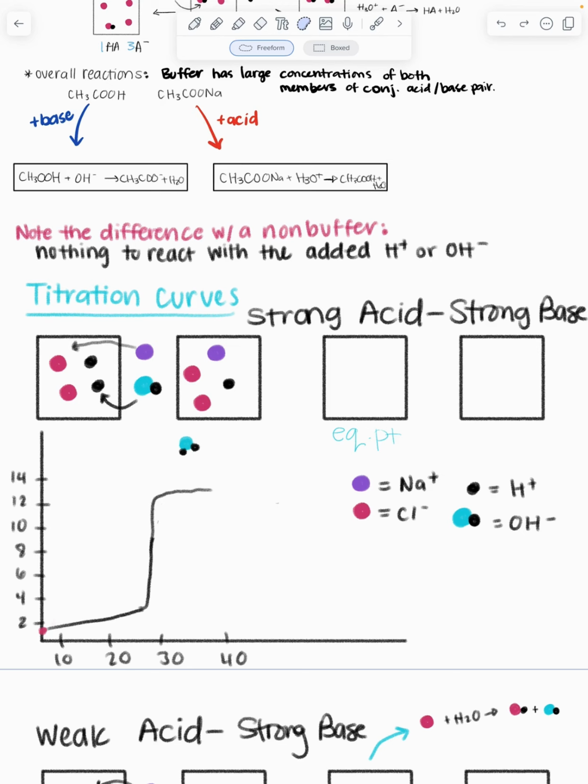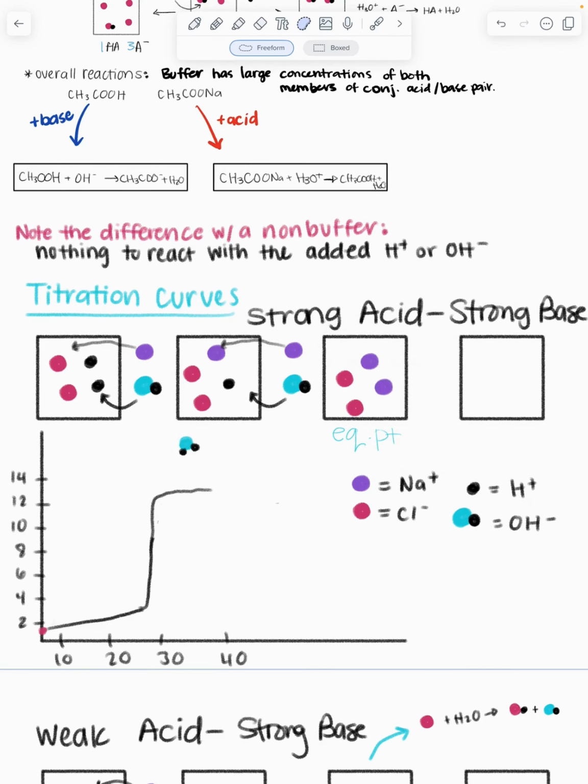Okay, so next I'm going to again add my same thing to solution, and the same reaction is going to happen. So now in solution I just have the ions floating around. I'm going to still have my two chloride ions, and now I'm going to have two sodium ions.